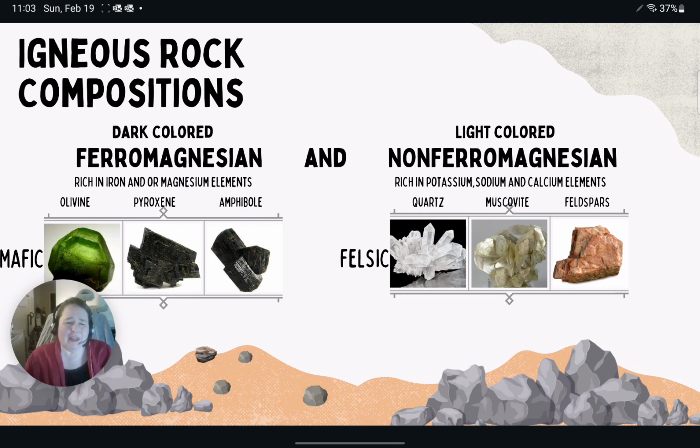You'll find minerals like olivine, pyroxene, and amphibole in this category. The felsic light-colored minerals are non-ferromagnesian. These ones are rich in potassium, sodium, and calcium elements. And some of the minerals you'll find in this category are quartz, muscovite, and feldspar.